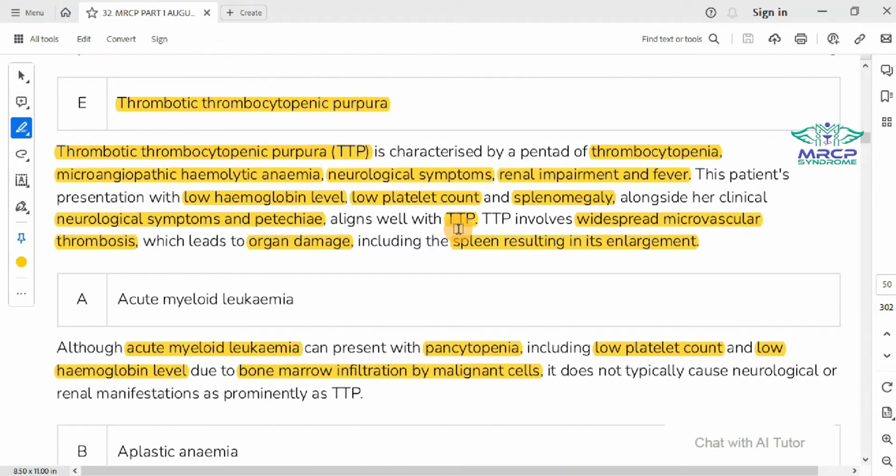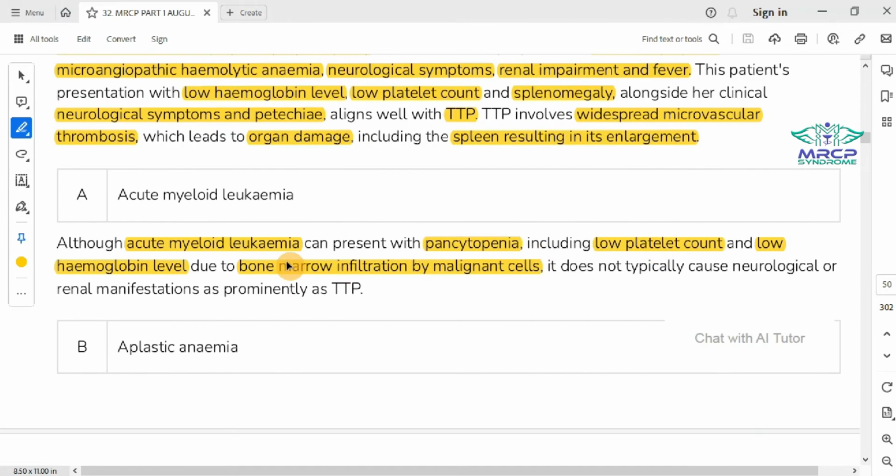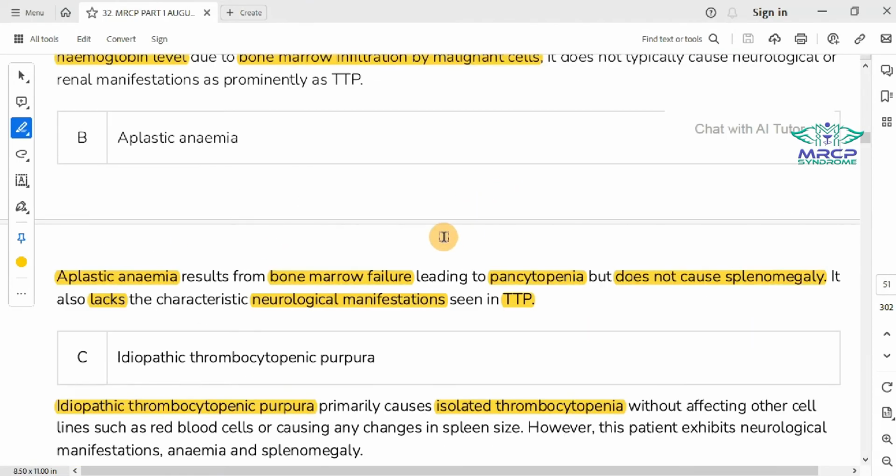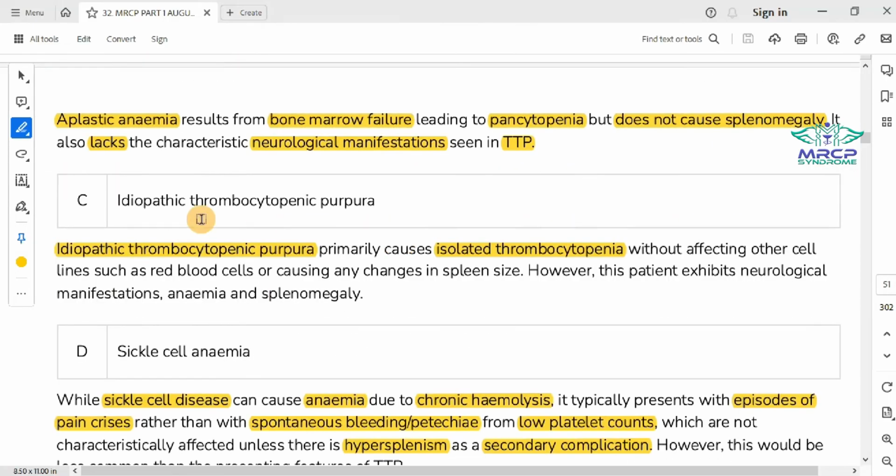TTP involves widespread microvascular thrombosis, which leads to organ damage, including the spleen, resulting in its enlargement. AML can present with pancytopenia, including low platelet count and low hemoglobin, with bone marrow infiltration by malignant cells from the myeloid series, aplastic anemia will have pure pancytopenia, and ITP will have isolated thrombocytopenia.